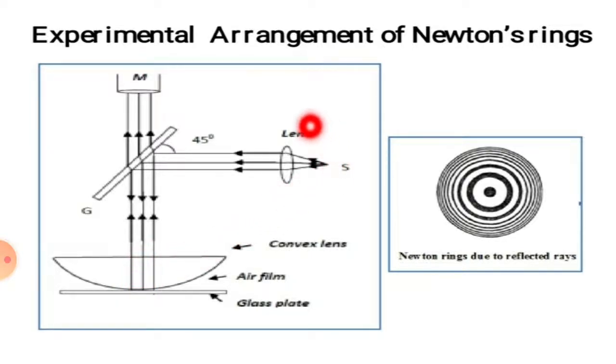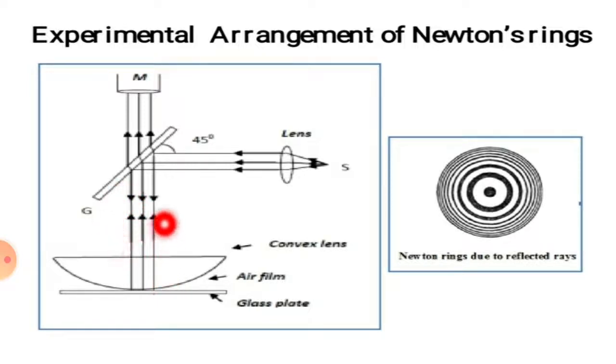Here, S is a monochromatic light source. The monochromatic light falls on a glass plate G held at 45 degrees inclination, making a 45 degree angle with the vertical. The light ray is reflected by this glass plate and allowed to fall normally on the circular air film. The light is reflected from the upper and lower surfaces of the air film.